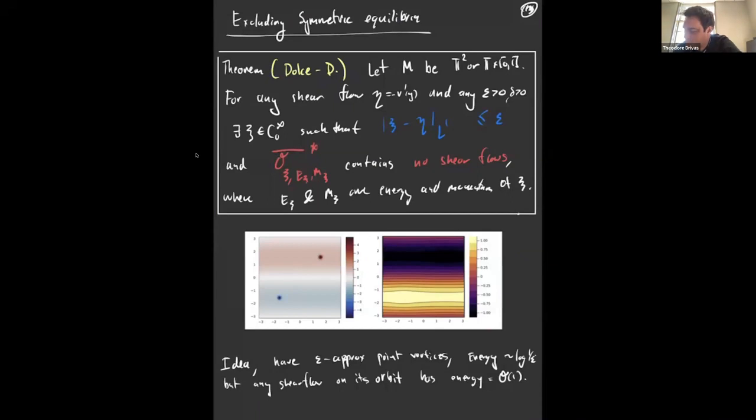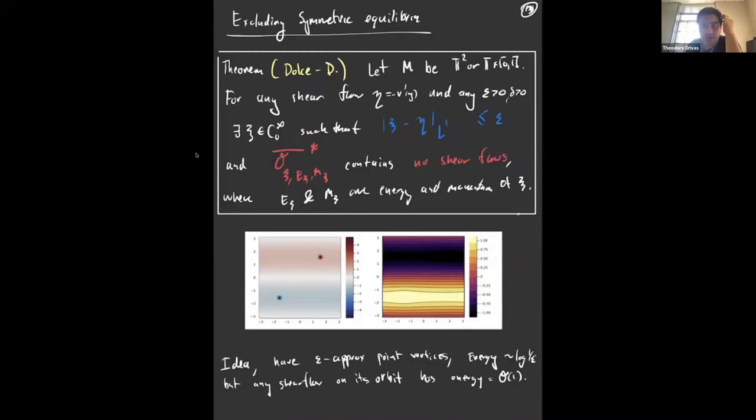In fact, what we prove is that nearby any shear flow, there exists a smooth vorticity profile which is close to that shear flow in L1 of vorticity, but with the property that this set of mixings with equal energy and equal momentum to this given point contains no shear flows at all.